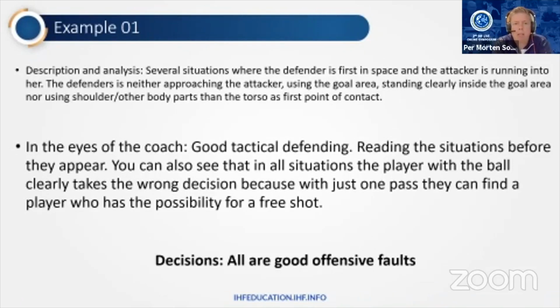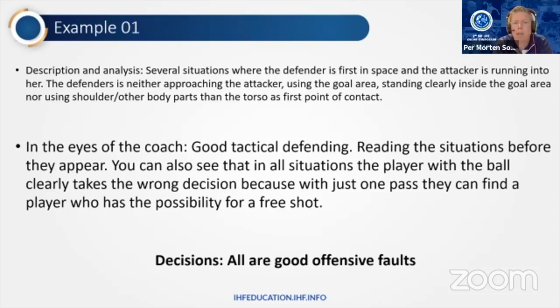You don't see any straight or stiff arms against the attacker. You see no use of the goal area, meaning we're not standing inside the goal area, using it to get there, nor using the shoulder or any other body parts to make that the first point of contact.